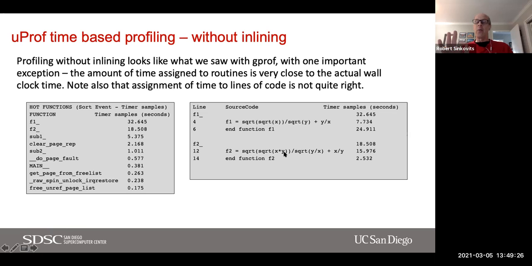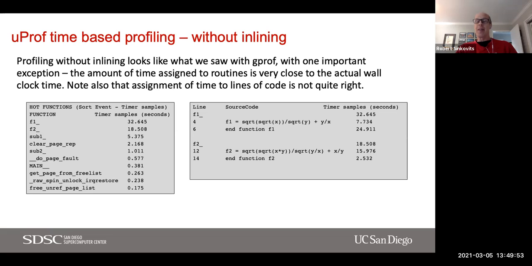On the right side, we look at a few of the specific functions. And here again, Gprof tried to assign time to individual lines of source code. You'll see for the function f1 that 7 seconds were assigned to the line where we're doing the actual operations, the square roots and divisions.